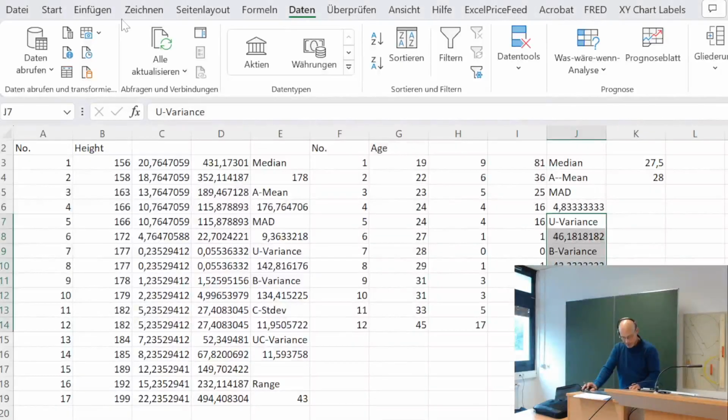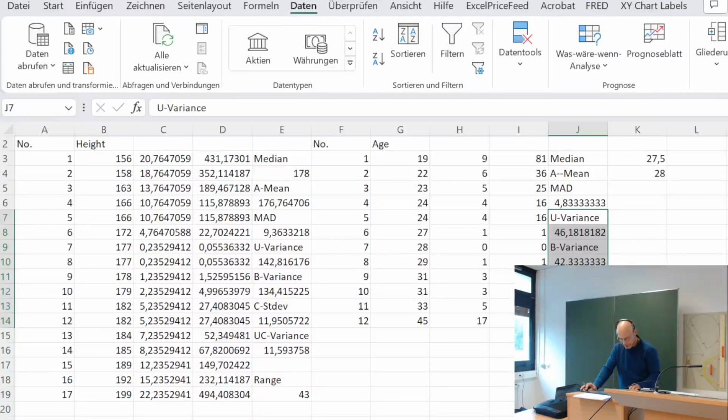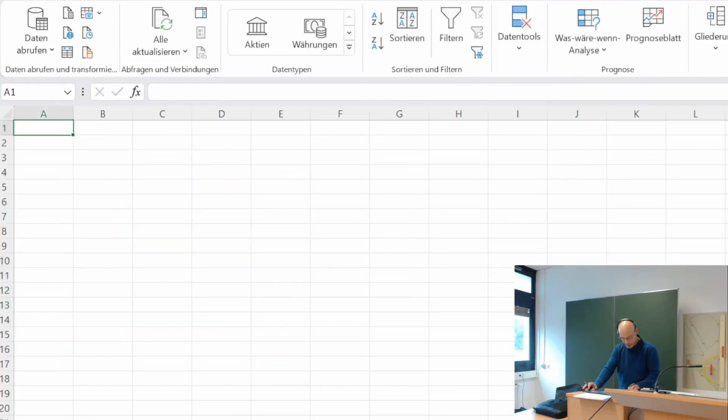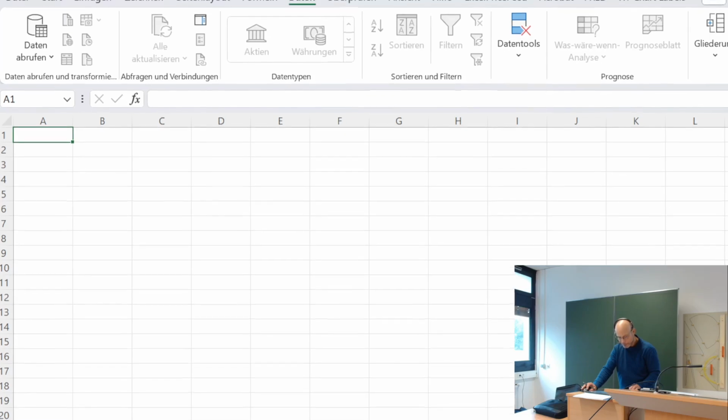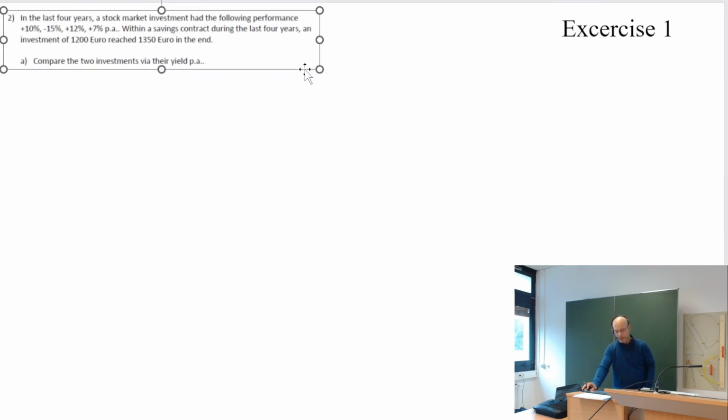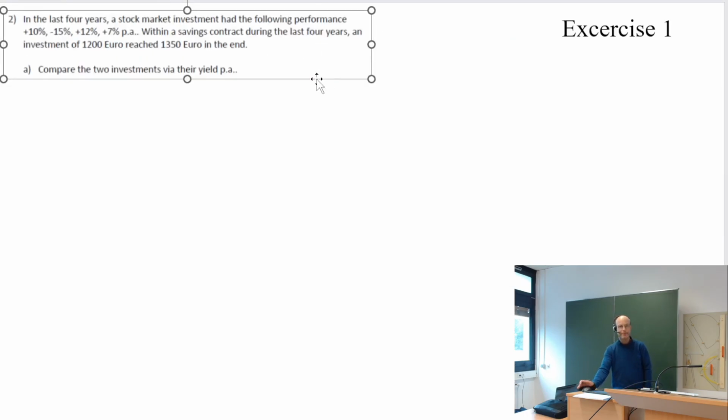Let's do this also in Excel. Take another thing. This is E1, and let's take here E2. Which investment has the higher yield?